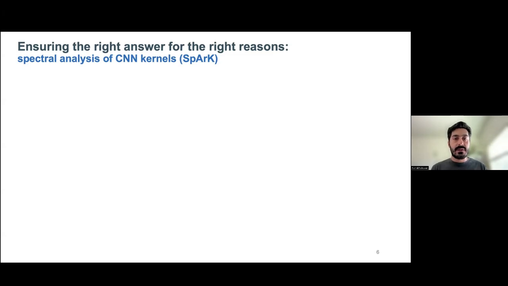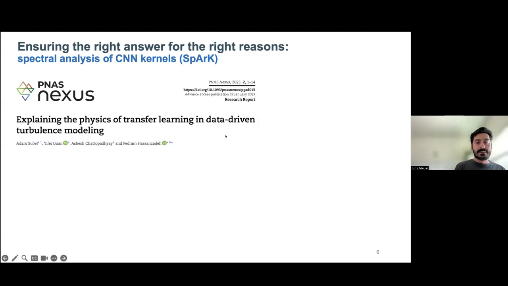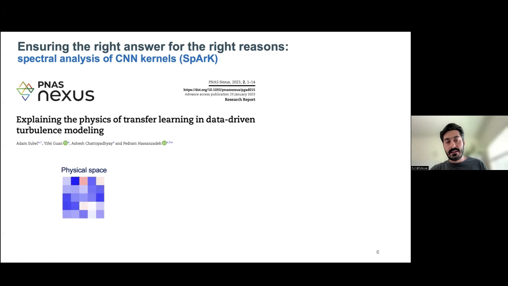To do that, we use a spectral analysis of the kernels of the CNN. This approach is suggested by a paper from Adam Stubels from Pedram Group. I won't go through the details, but the main idea is that instead of looking at the kernels in physical space, we can look at their Fourier transform.